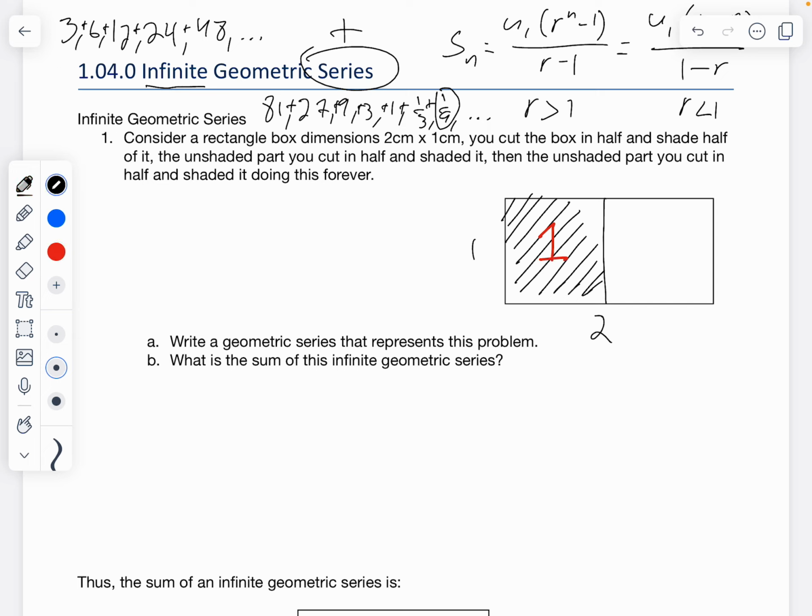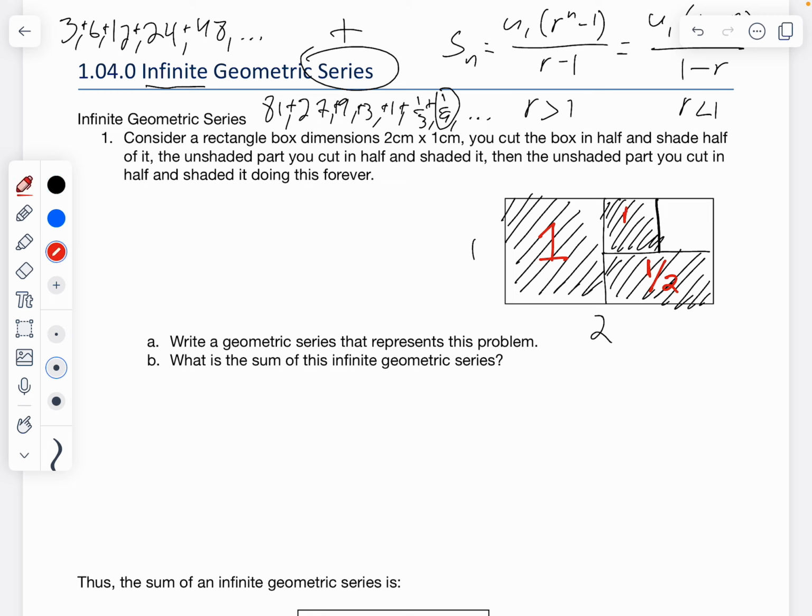Now if we do this again, if I divide the right side, which has area 1, in half, this shaded area is going to be 1/2, and then the white area has an area of 1/2. If I cut that in half, the area here is going to be 1/4.